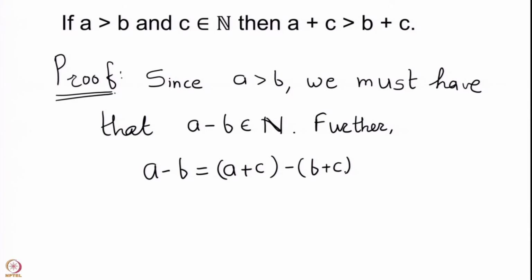Okay, but now you have that A plus C minus B plus C is a natural number, and hence A plus C is bigger than B plus C. This completes our proof.